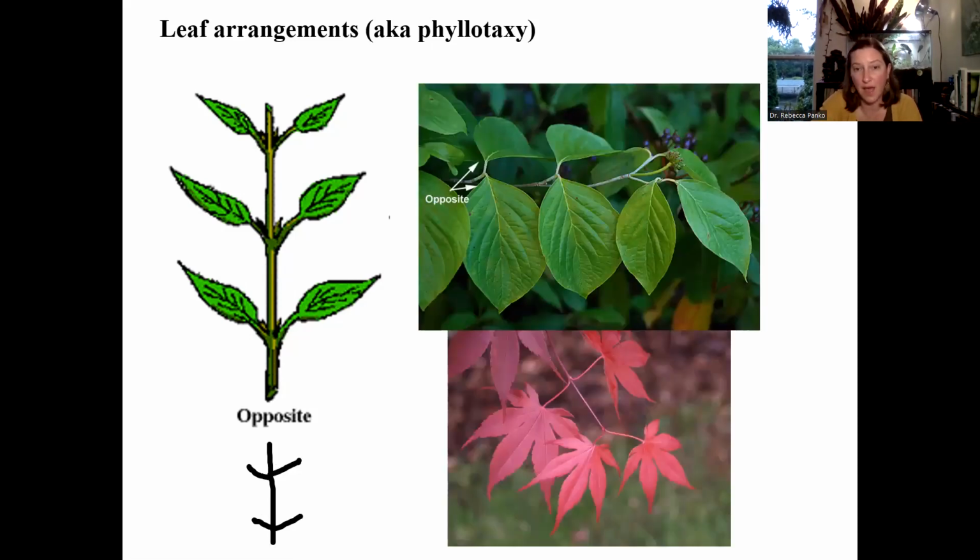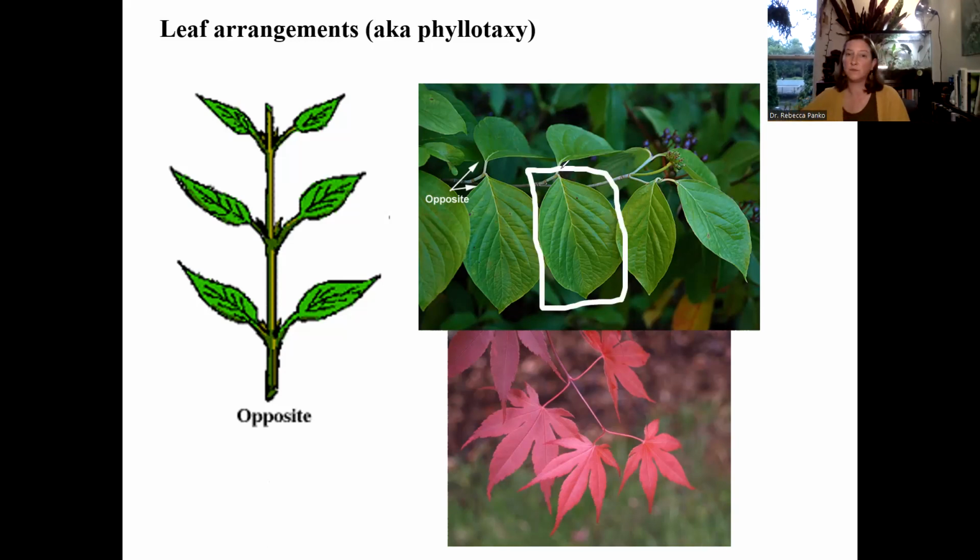Here is an example of that. You have a flowering dogwood on top and then a maple on the bottom. So here, look, there's 2 leaves right here that are opposite each other. What kind of leaf is this? What kind of leaf is that? I can wait.